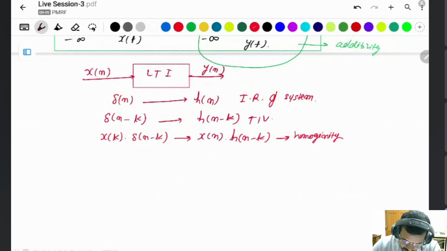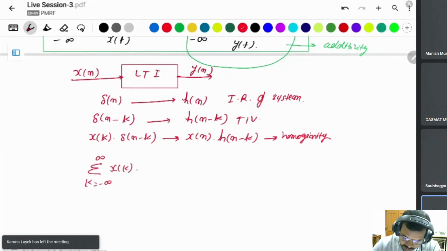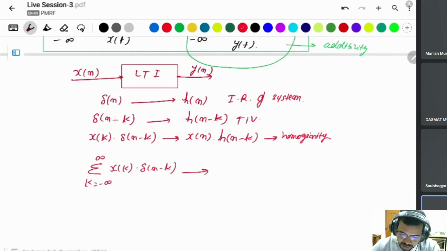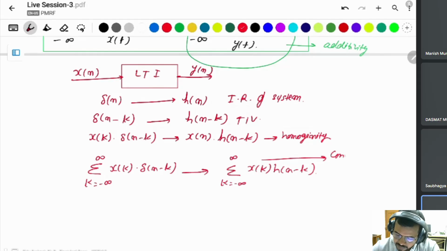If you add all of the things in discrete time, there is a summation in place of integration, from minus infinity to infinity, of x[k] delta[n minus k]. The system processes this and gives some output respective to that input x[k], h[n minus k]. This is known as the convolution in discrete time.